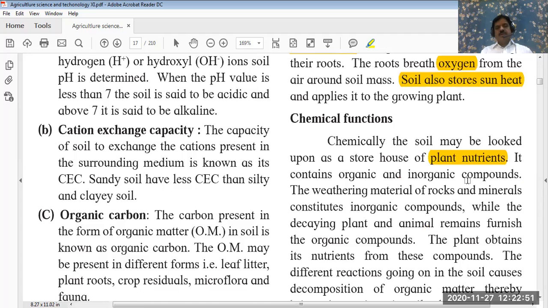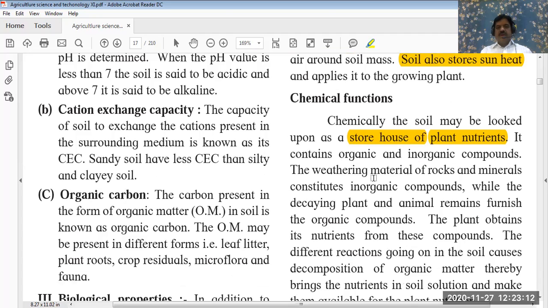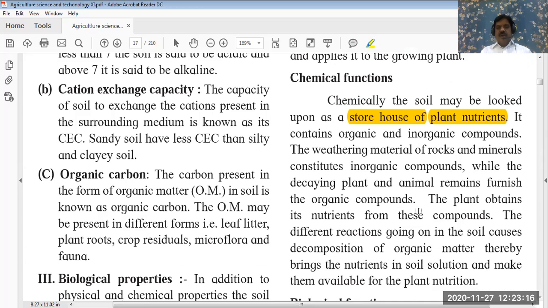The average pH of soil should be 6.5 to 7.5. In this range, soil provides the maximum number of nutrients required for plant growth. So soil works as a storehouse of plant nutrients, because soil contains various organic compounds, inorganic compounds and many things are there.